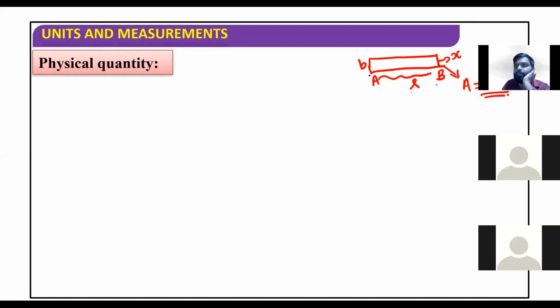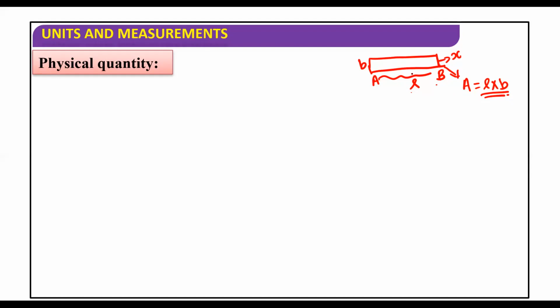Since length and breadth are measurable quantities, they too represent physical quantities. Similarly, the area of this block is also a physical quantity.